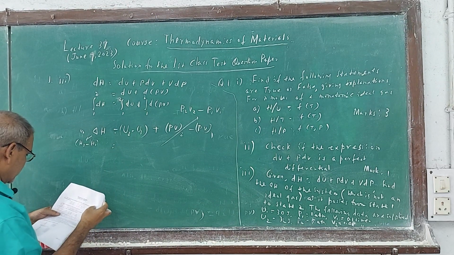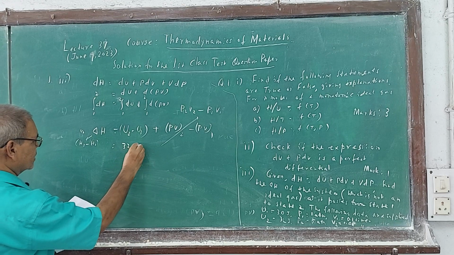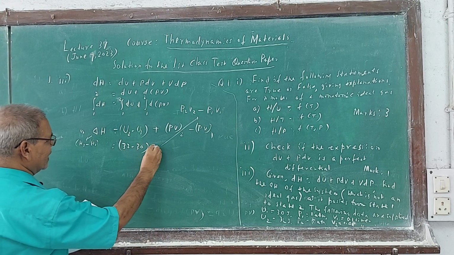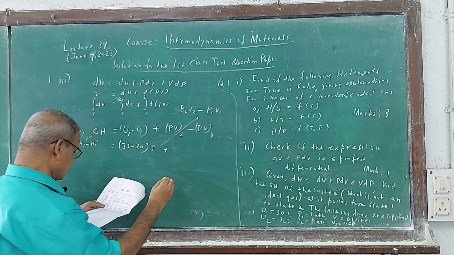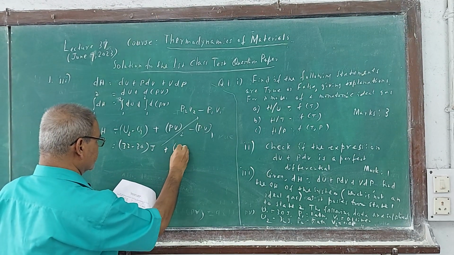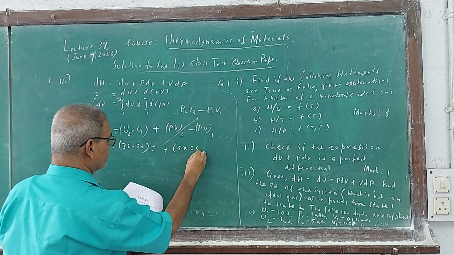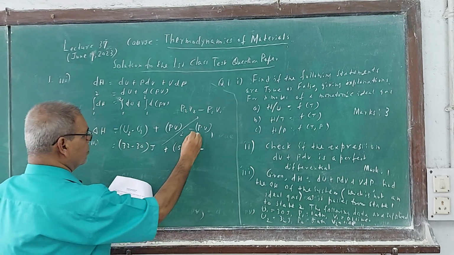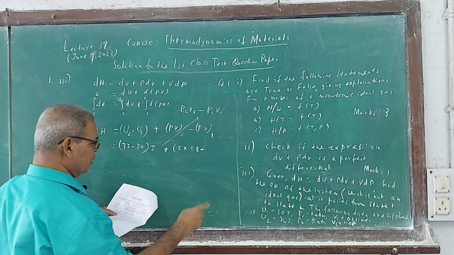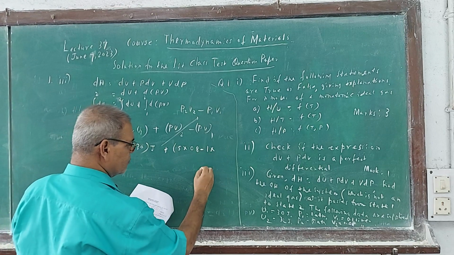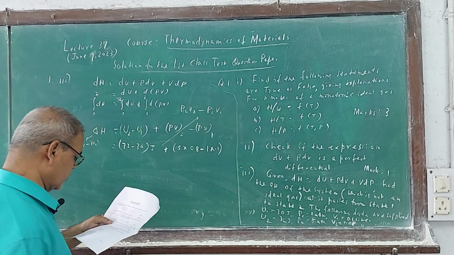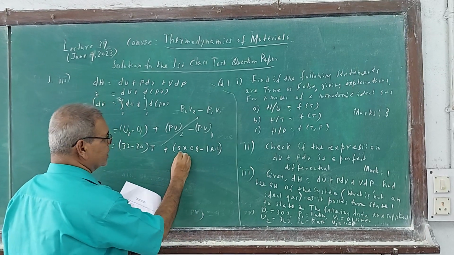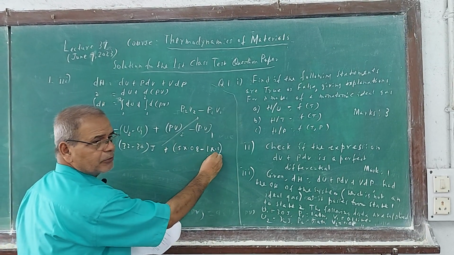What answer? 32 minus 30 joule. There is another small step. What is P2V2? P2 is 5 times 0.08, minus P1V1, which is 1 times 0.1. Put the unit, liter atmosphere.